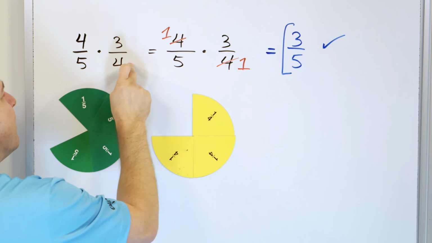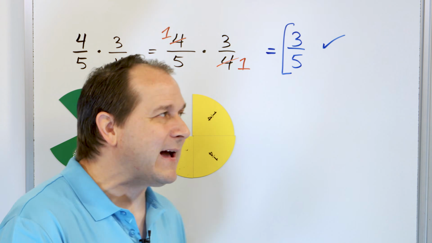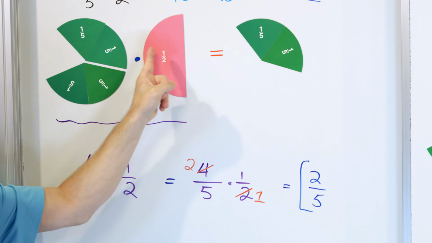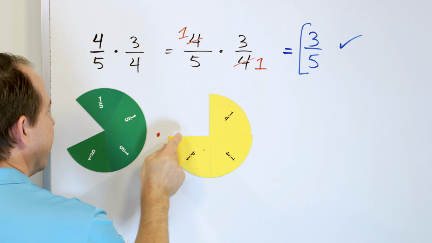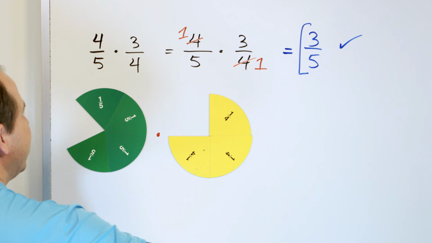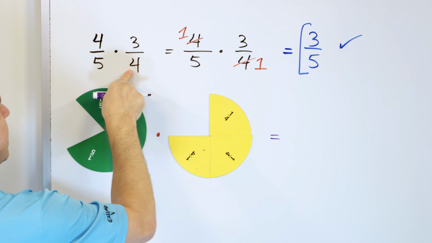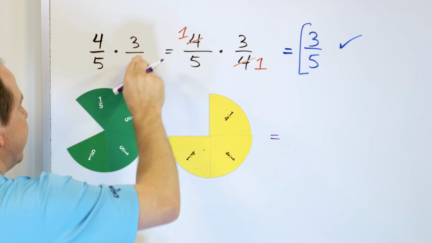But here, we're not multiplying by a half, we're multiplying by more than a half. So we expect that our answer will be bigger than 2/5, because that's what we got when we cut it only in half. But here, I'm telling you to cut it by 3/4. What does 3/4 mean? It means that you cut what you started with into 4 equal pieces and you keep 3 of them, right?